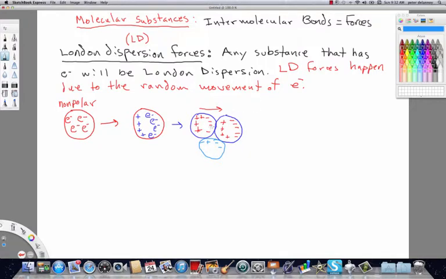These are weak forces by comparison to the hydrogen bond or the dipole, but here's where these forces pack a punch, and I'm going to build you a list here.